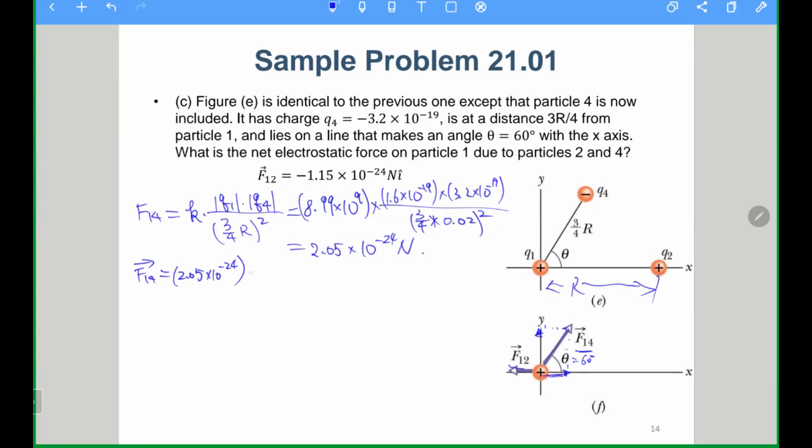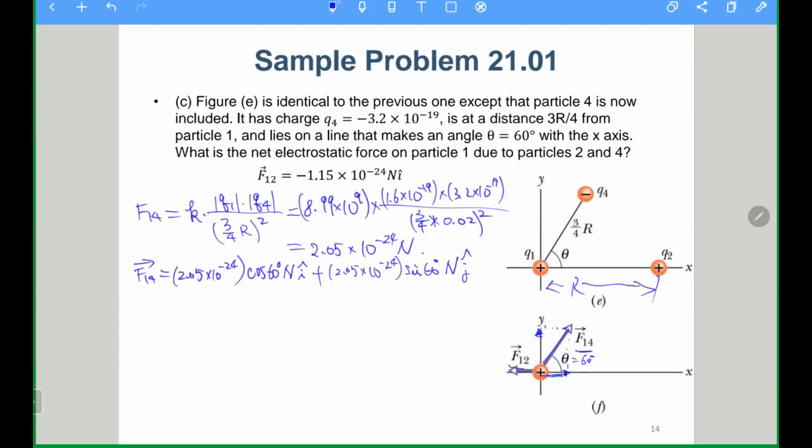So we multiply by cosine of 60 degrees, Newton, i hat. Okay, so this is the x-axis component. And then plus the y-axis component, which will be 2.05 times 10 to the minus 24, times sine of 60 degrees, Newton, j hat. j hat is the unit vector in the y-axis. Okay, so this is F14.